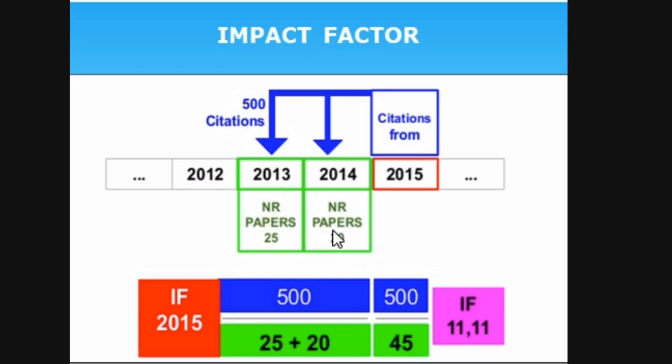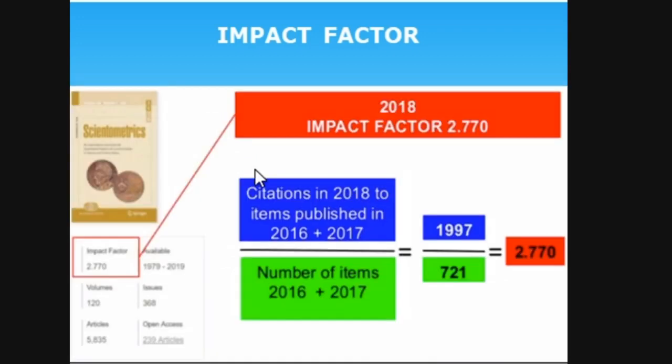For these 45 papers, they got 500 citations in 2015. So now you divide 500 by 45. Whatever number comes, that will be the impact factor. Simple definition: citations received in the current year divided by the number of articles published in the last 2 years. This is the 2 year impact factor.